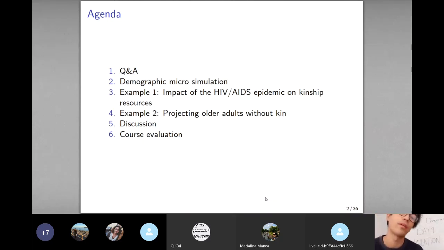I would like us to follow a similar structure to yesterday, with a short introduction to the subject, shorter than yesterday, and then we focus on 2 examples, the 2 readings for this week.